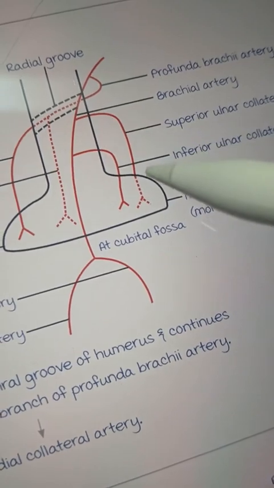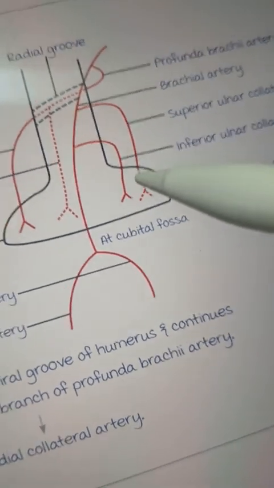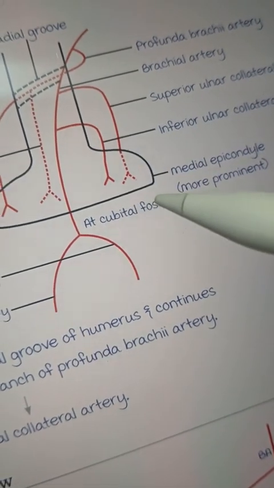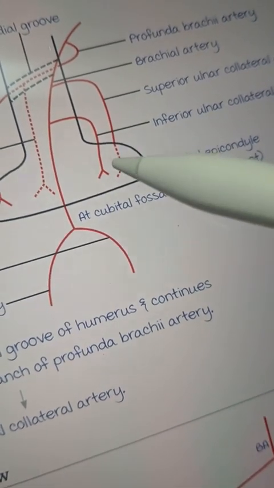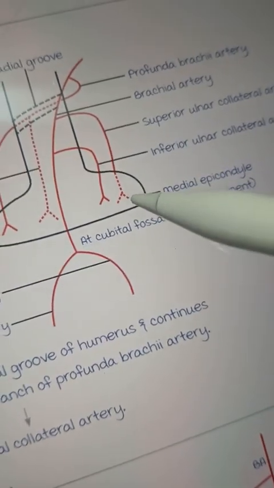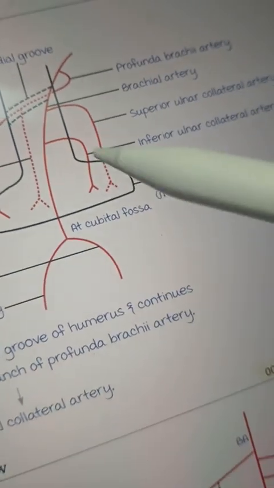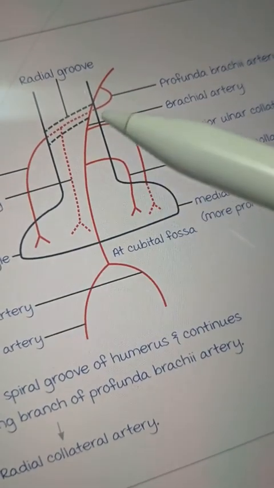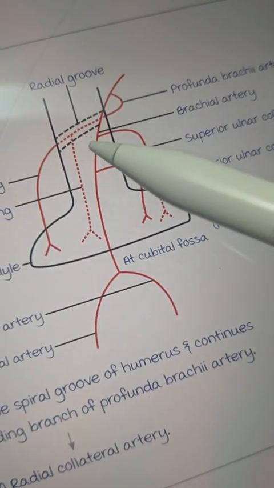Superior ulnar collateral artery at the condylar region, then it moves backward. This is known as basically a medial epicondyle, and from here the superior ulnar collateral artery moves backward and inferior ulnar collateral artery moves forward. Then what we have is basically another branch of the brachial artery.